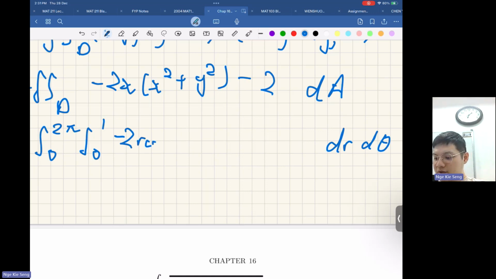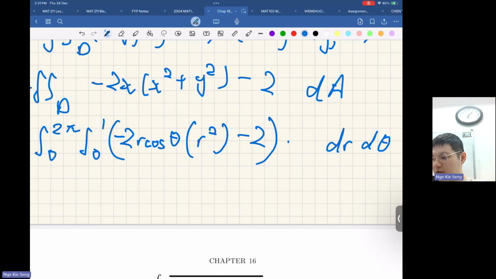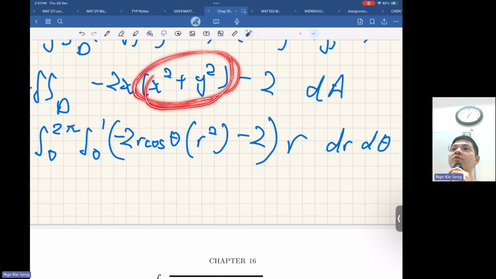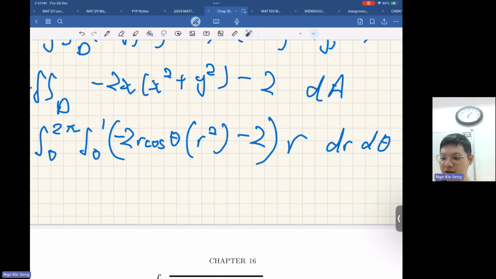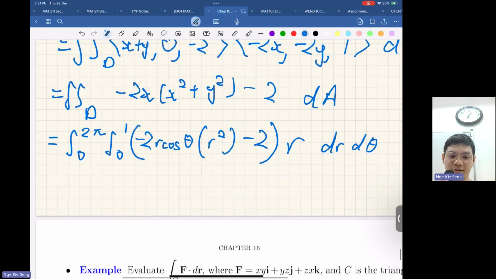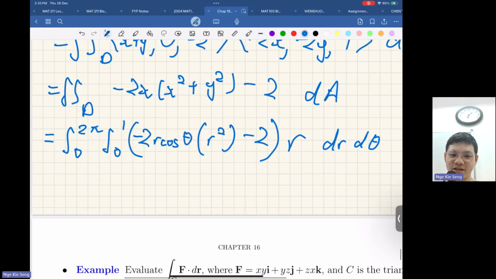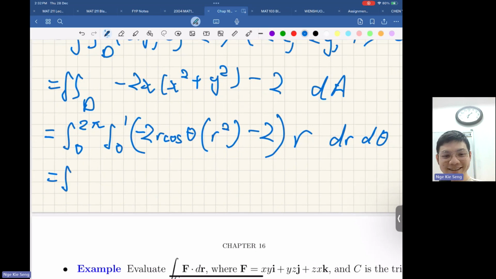So substitute all these changes of variable from rectangular to polar. x becomes r cos theta, and x squared plus y squared becomes r squared, minus 2. You can see that once you change variable, x squared plus y squared becomes easier to integrate. I think we shouldn't cheat here, so let's continue.